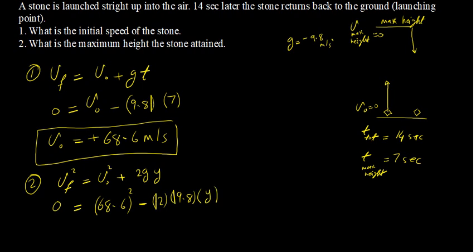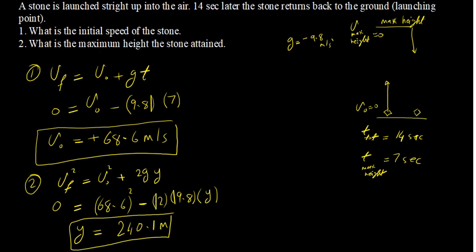Just by rearranging the formula and doing that through the calculator, let's work it out. That will give me 240.1 meters. So we can say it's 240 meters. That's one way to solve how high the stone managed to reach.